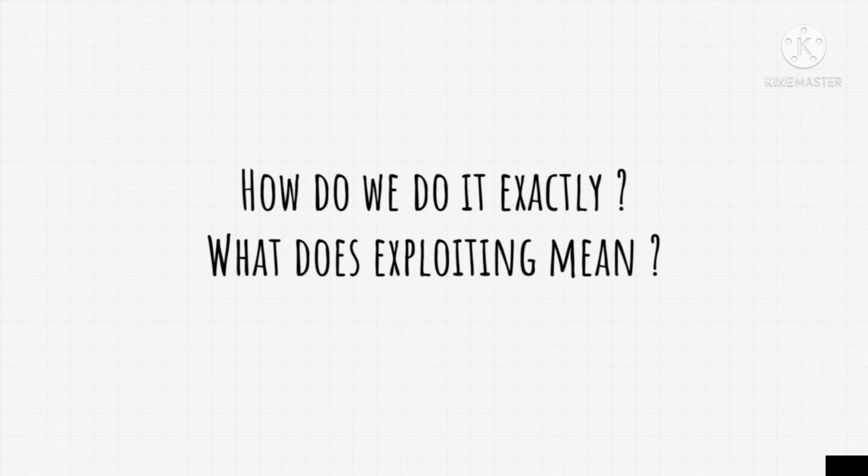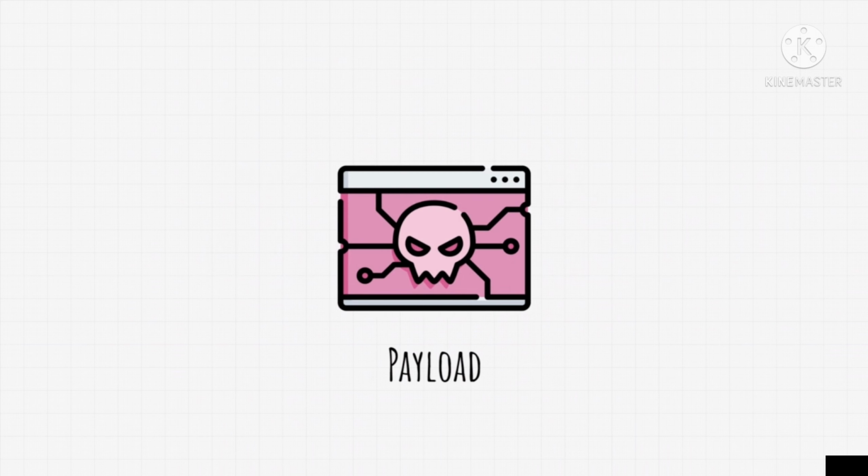Well, exploiting the target, in other words, is using the vulnerability that we discovered to send something called a payload. A payload is a program that we deliver to the target after the exploit. Usually, this program is something that allows us to execute commands on the target system and navigate through its files and folders. Now, I know what you're thinking.